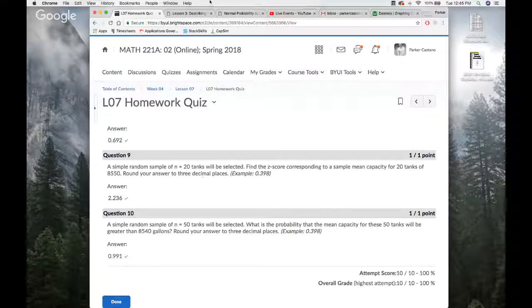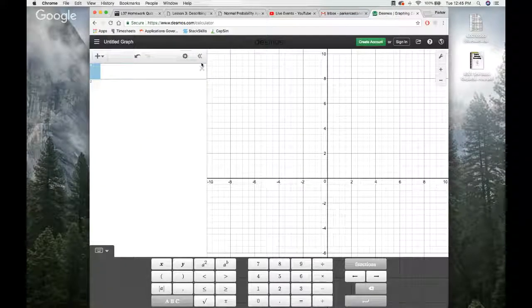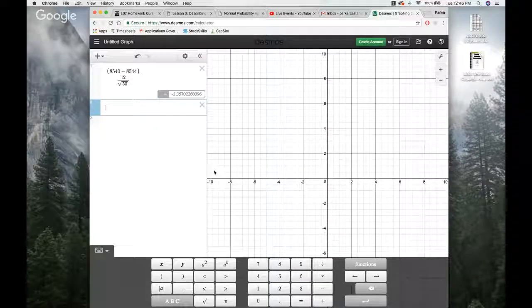So you do it like this. You go 8540 minus 8544 divided by what's this? 12. 12 divided by the sample size, square root of 50. So you get negative 0.2357.